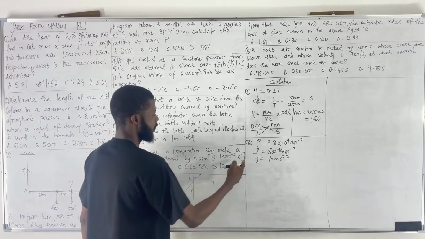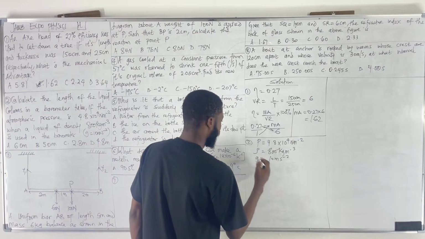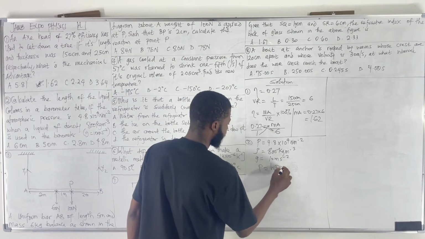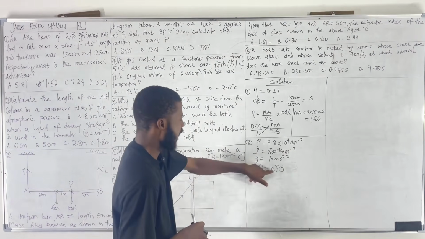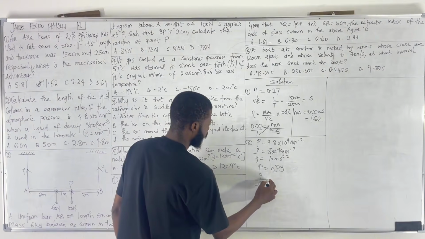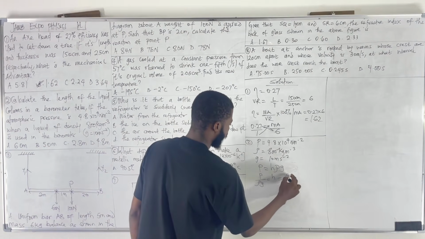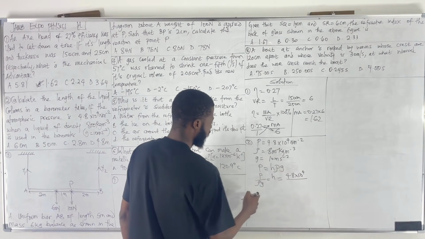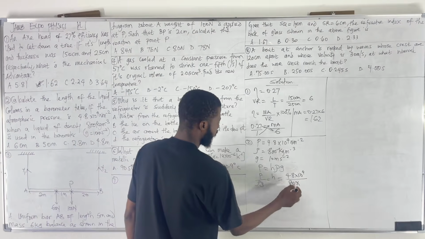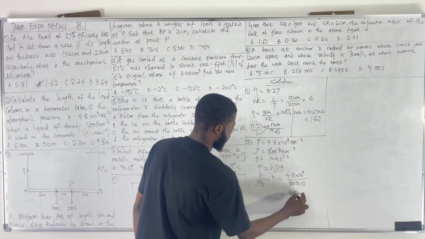To start with, pressure is going to become the height, or length rather, times the density times gravity. Now we're looking for the height, so I can divide both sides by rho g. So this becomes P over rho g equal to the height. So that's 4.8 times 10 to the power of 4 divided by rho, which is 800, times the gravity, which is 10.